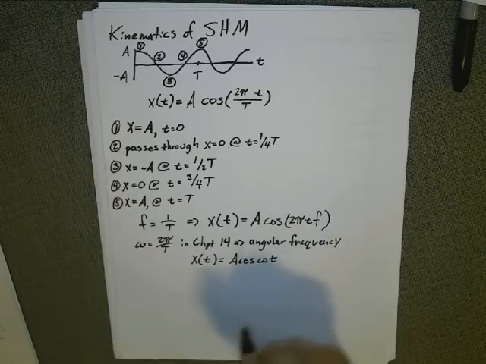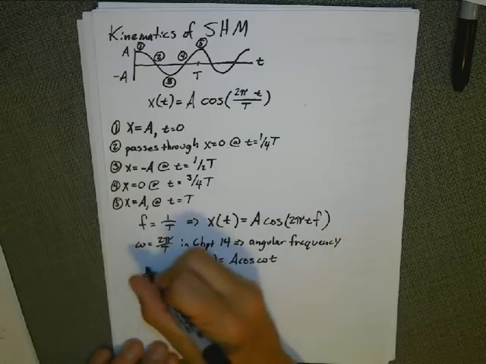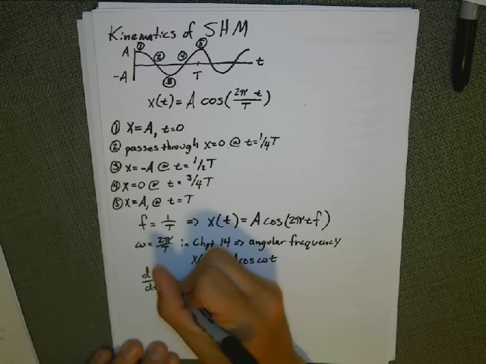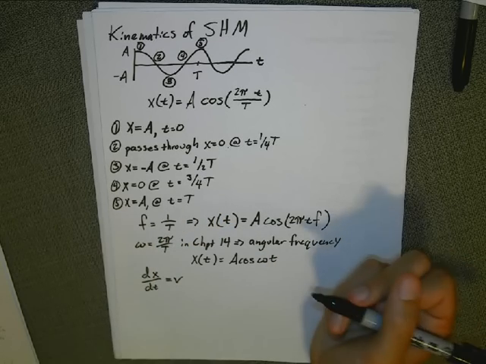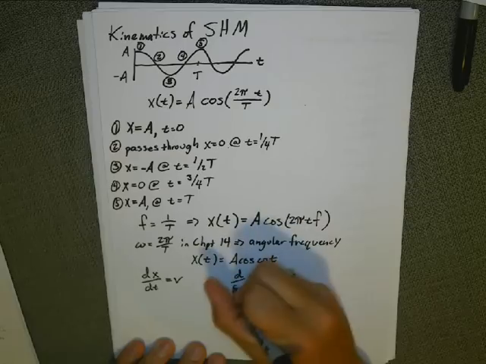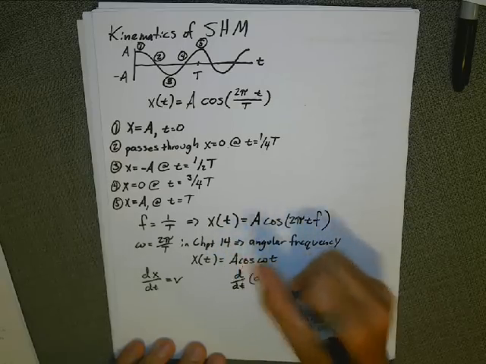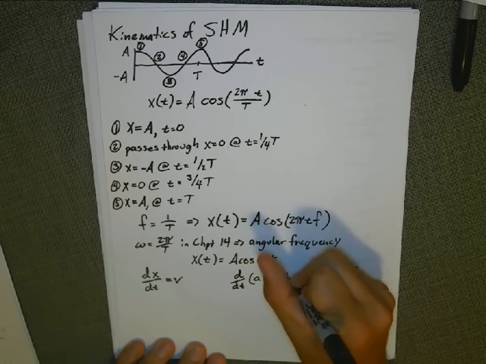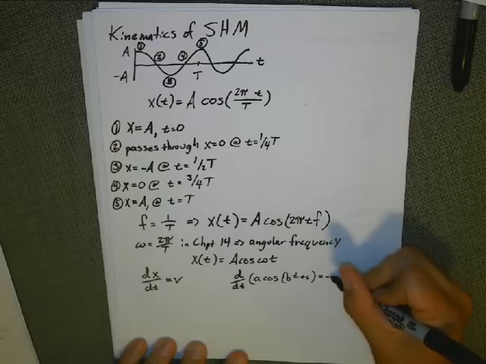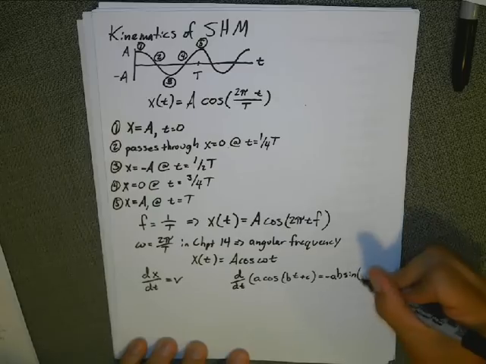Now, if we take the derivative of position, we get velocity. So the derivative of x with respect to t equals velocity. I'm just setting up a general equation right now. The derivative of A cosine of (bt plus c) is going to equal negative AB sine of (bt plus c).